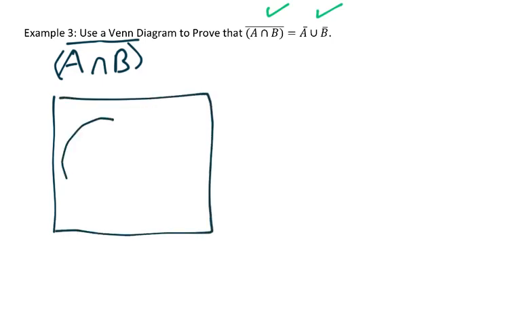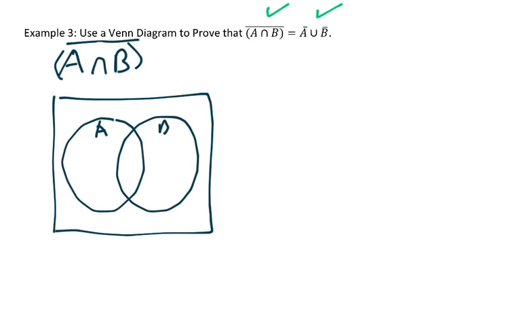We have A and we have B. A intersection B are the elements that are in both A and B. So that would be right in there. That's A intersection B. Let me write that a little cleaner.